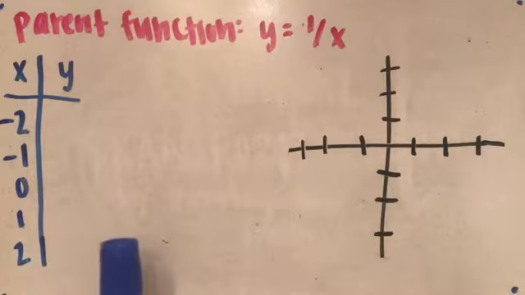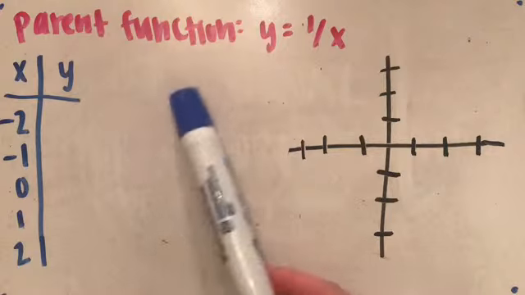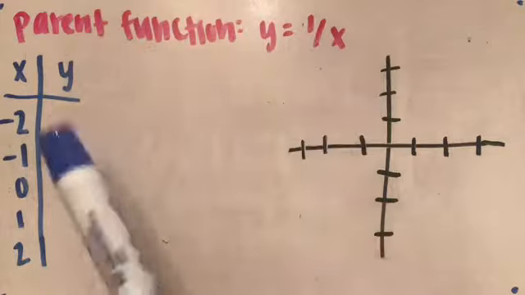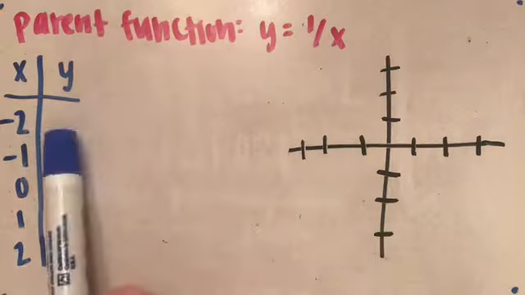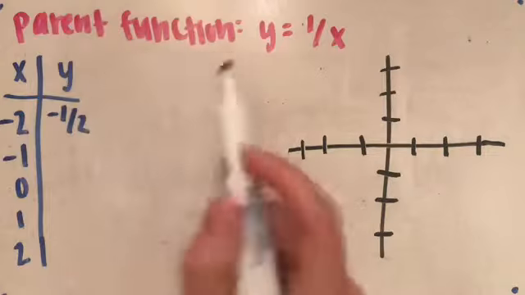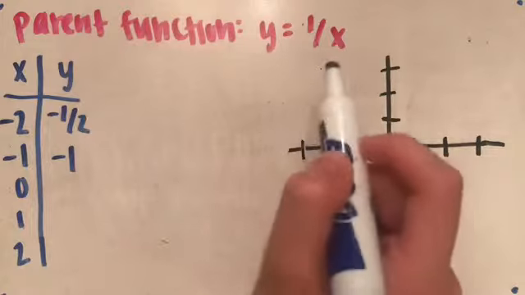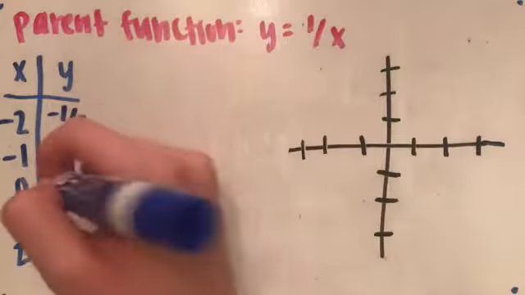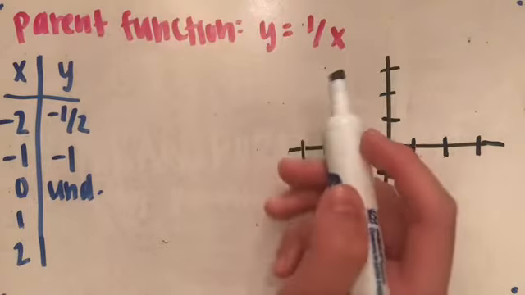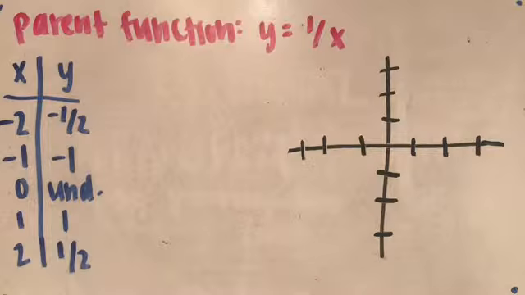Then on the y side, we will plug the x value into this function. So 1 divided by -2 is -1/2. 1 divided by -1 is -1. 1 divided by 0 is undefined, that's impossible. 1 divided by 1 is 1, and 1 divided by 2 is 1/2.